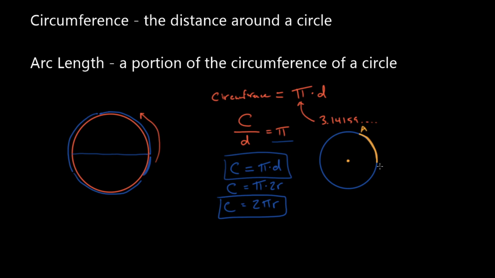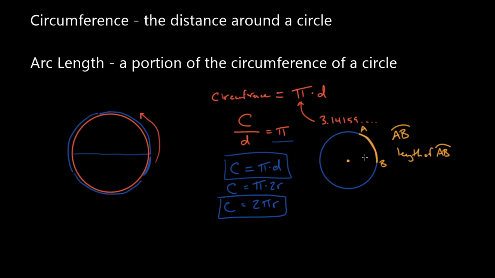And so just like we've talked about before, I can refer to this as arc AB. However, I'm not referring to the measure of arc AB. That would be referring to the degree measure that makes it. This will actually be called the length of arc AB. That's how I'll talk about length and not the degree measure of it.